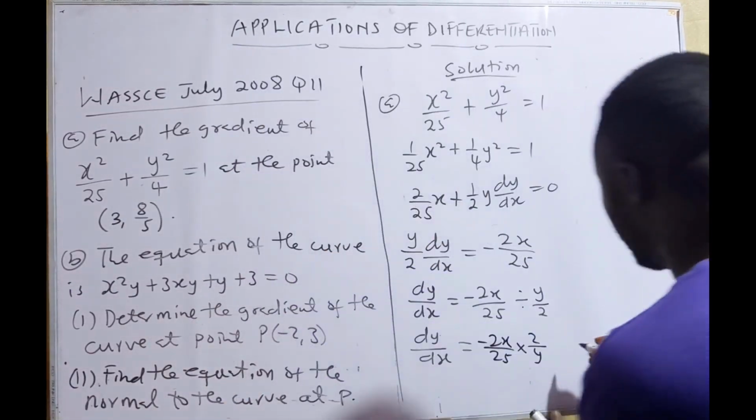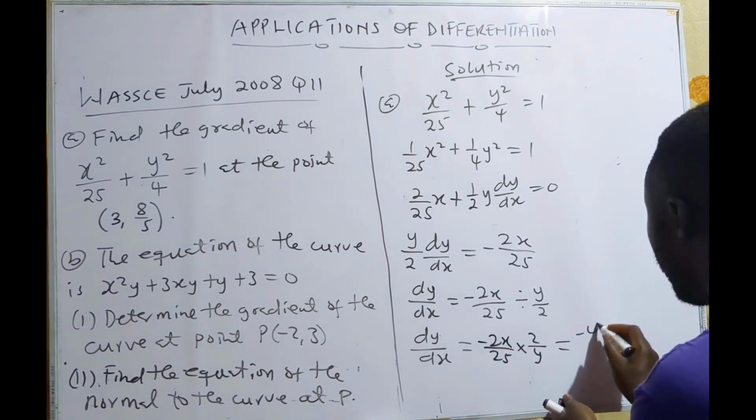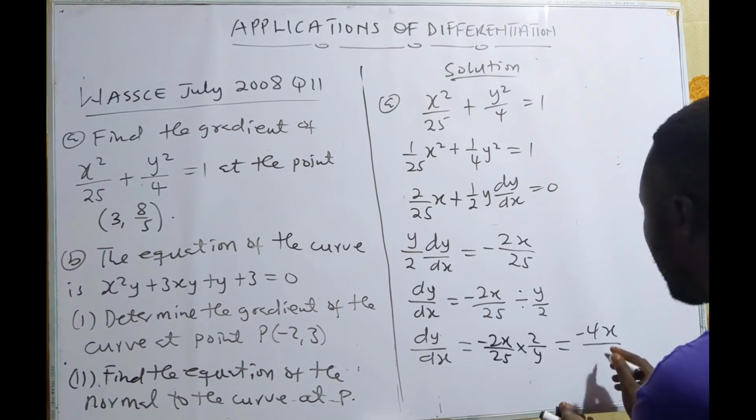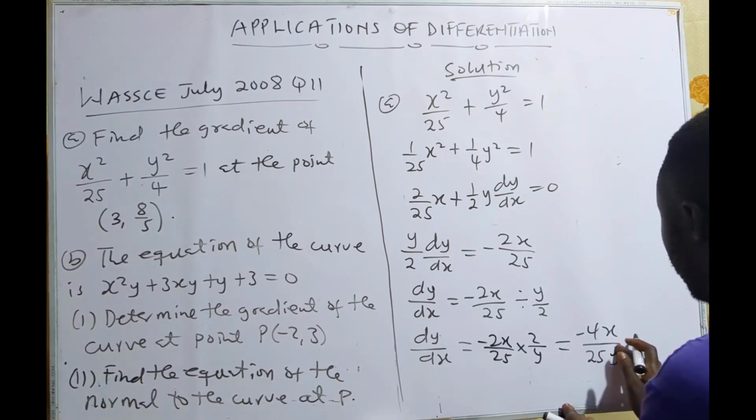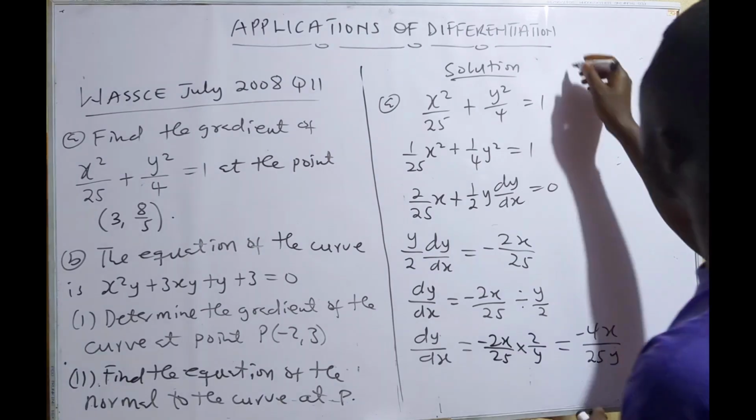Alright, and that will be equal to minus 2x times 2 gives minus 4x, divided by 25 times y, 25y. So my dy on the x is equal to minus 4x over 25y.